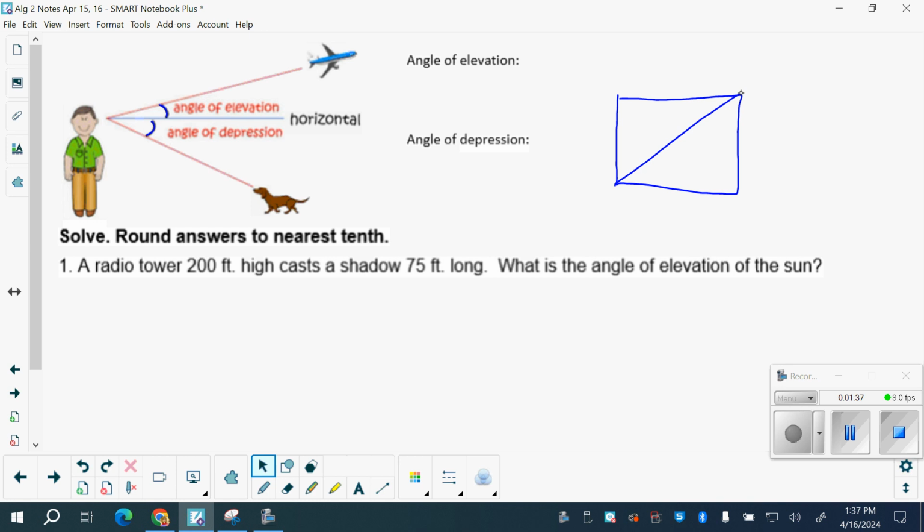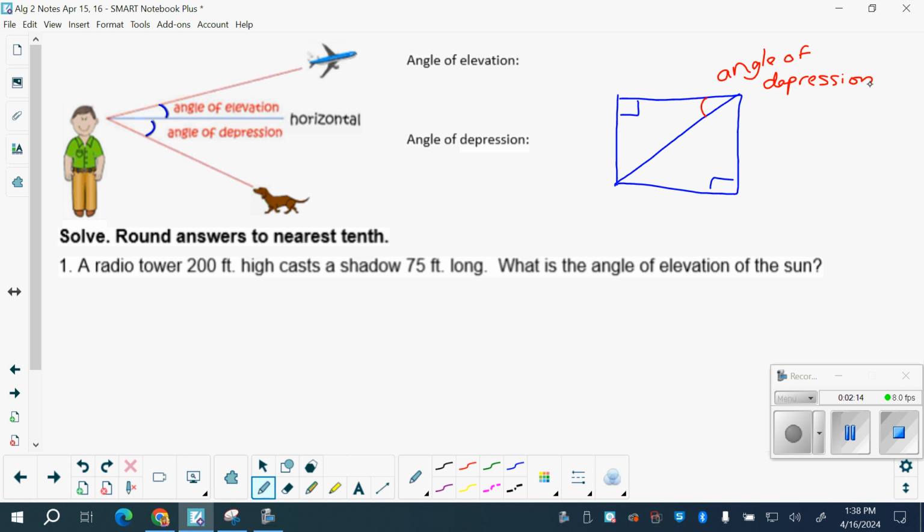So if we take that rectangle and cut it in half, what are the angles here and here? Right angles. And then in this triangle, this angle here is an angle of depression, because the horizontal is here and we are looking down.